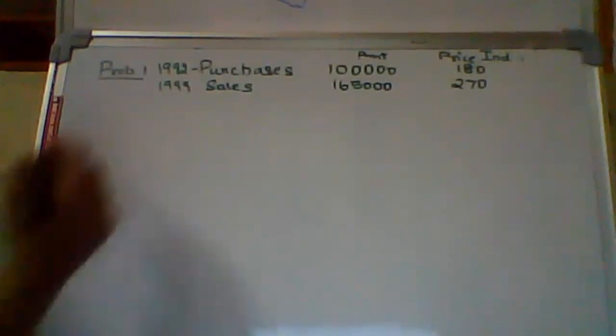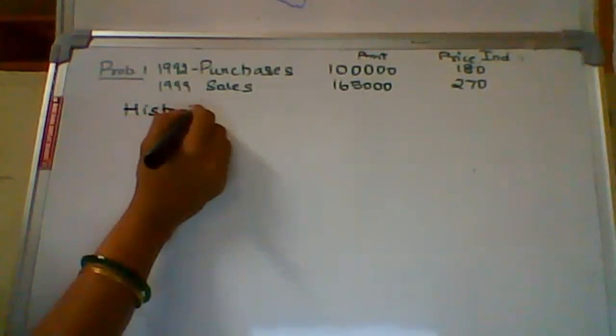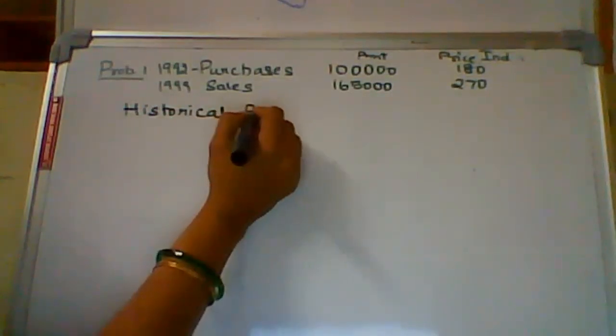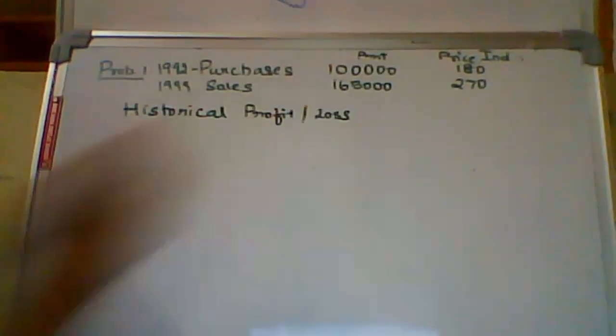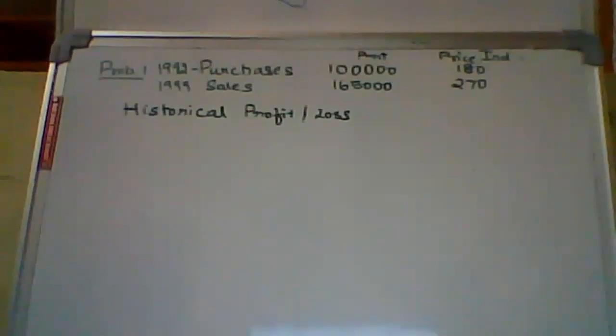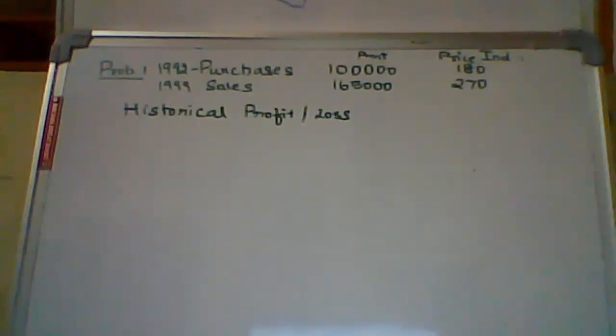First, we will understand how much is the historical profit or loss. So first we'll find out what is the historical profit or loss which is there. Historical profit or loss is that you have a purchase of 1 lakh sold at 1,65,000.